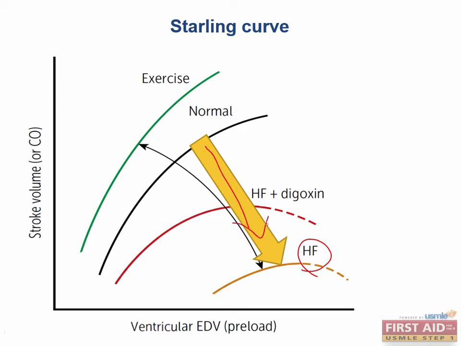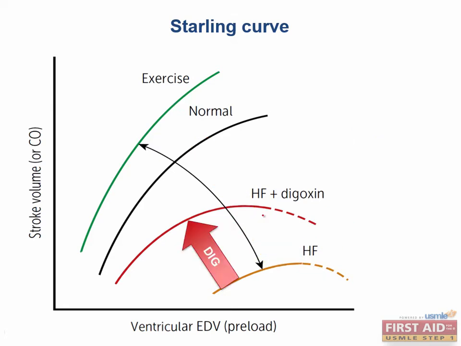In heart failure, we eventually get to the point where our sarcomeres cannot contract for a given end diastolic volume. So there's a very large preload, but the subsequent contraction is very weak. It does not eject the same ratio of blood out of the ventricle. So there's going to be a drop in stroke volume, and this pushes us down the curve.